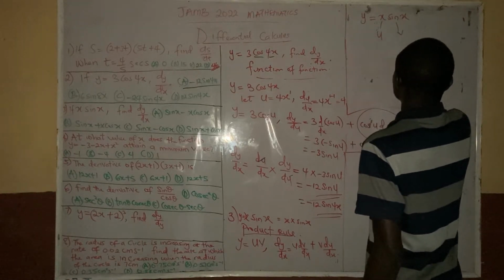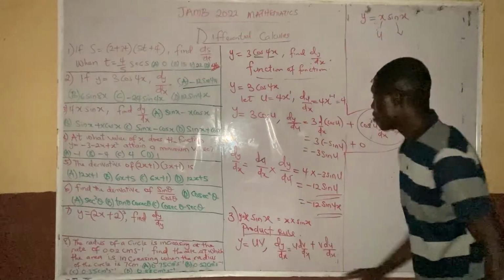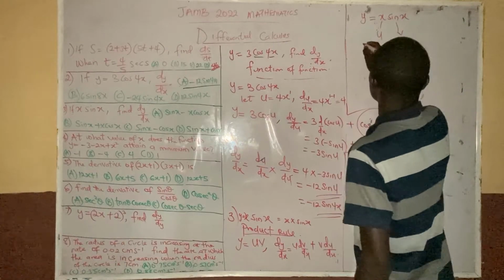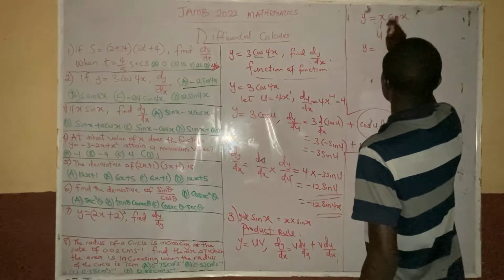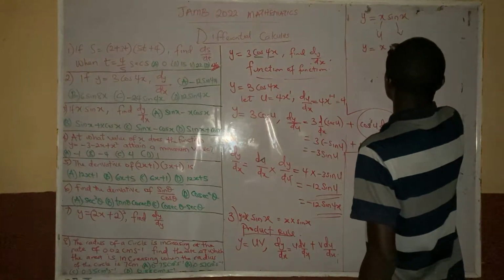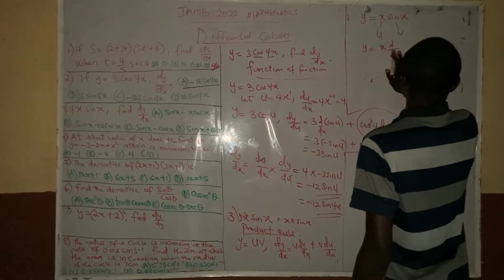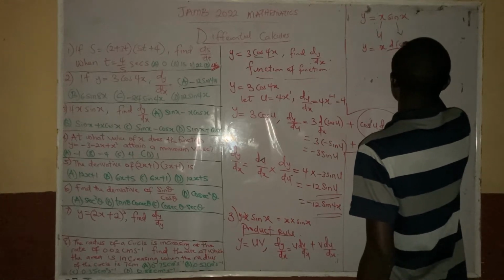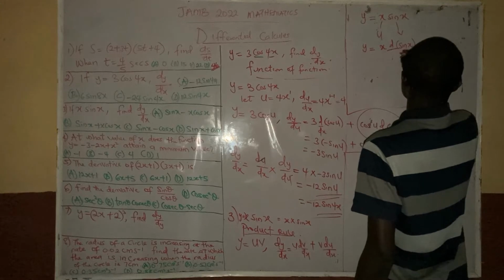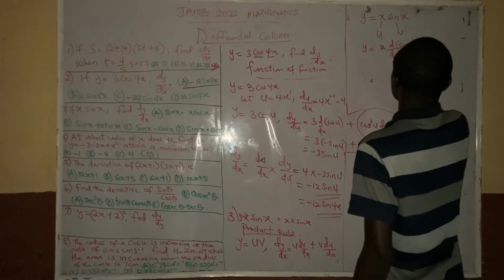So now let's apply the product rule. We have y equal to, now, what's my u? x. Then d sine x with respect to x.